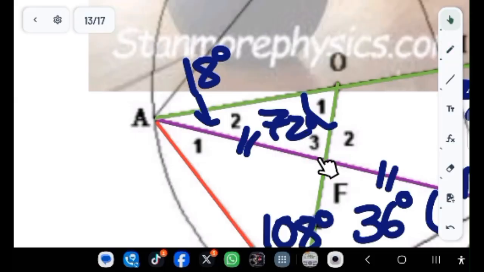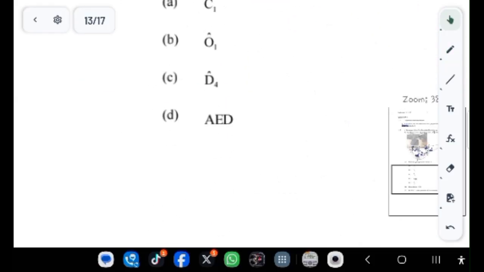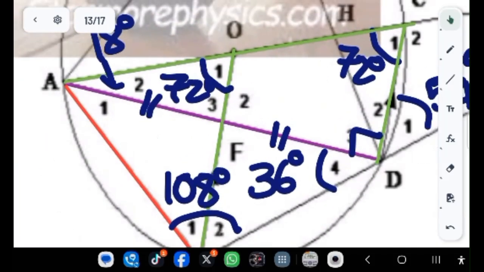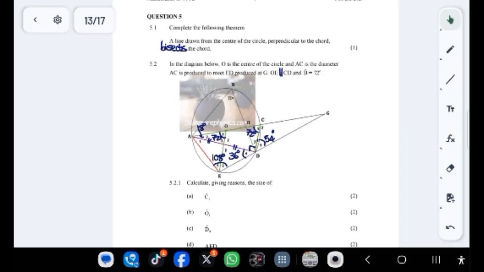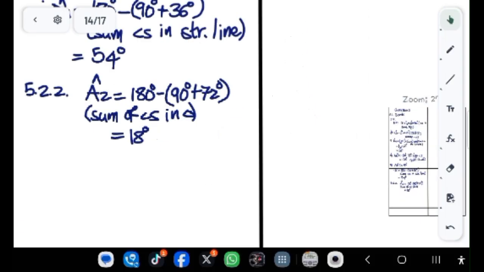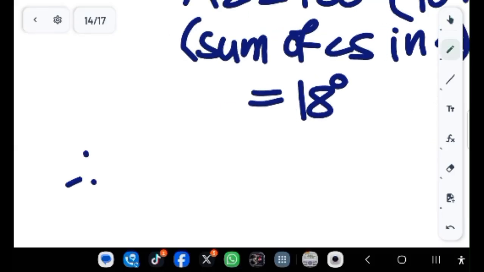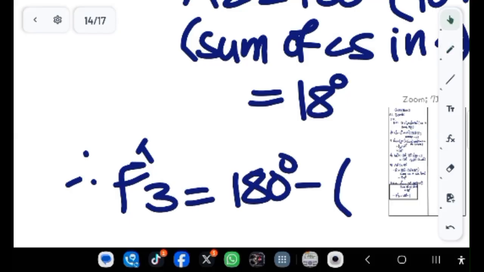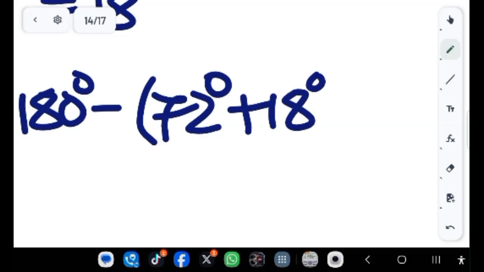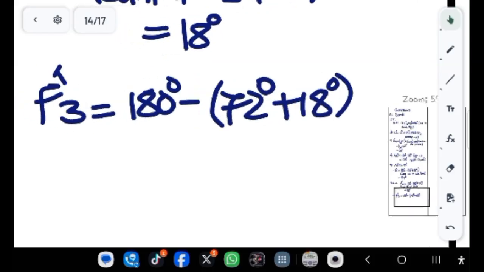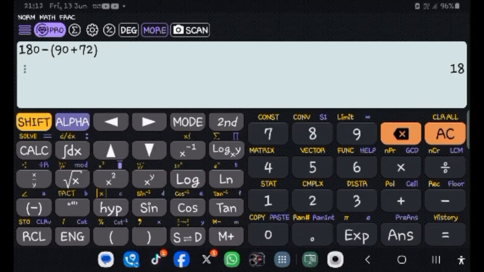We've got this is 72 degrees, therefore angle F3 equals 180 minus 72 degrees plus 18, which is 90 degrees.